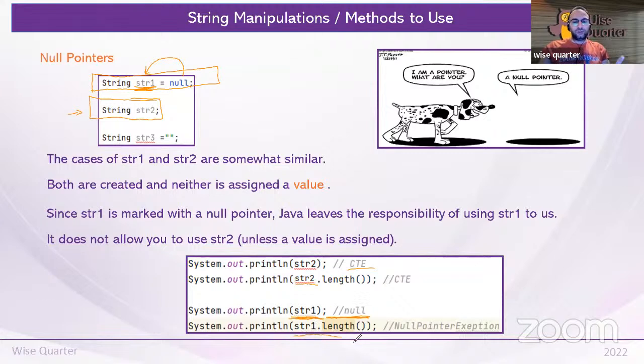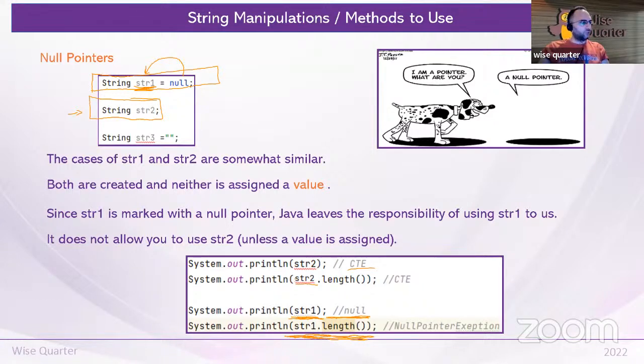Because when I try to see the length of str1, which I have assigned null to, it will give us a null pointer exception. It will be an error because this str1 does not have any value in it. Null pointer means, hey, there's nothing in it that I know. Of course, it's a little hard to understand, but don't worry. In time, we will be able to.